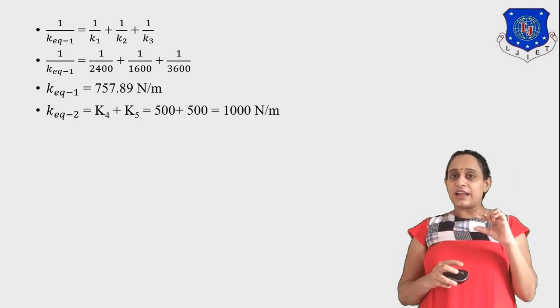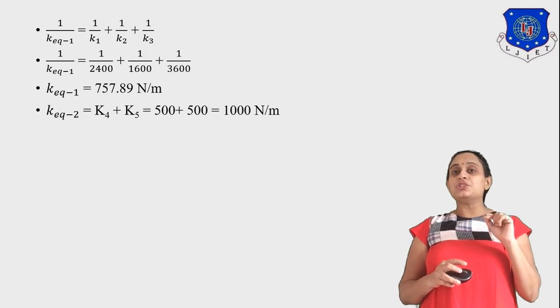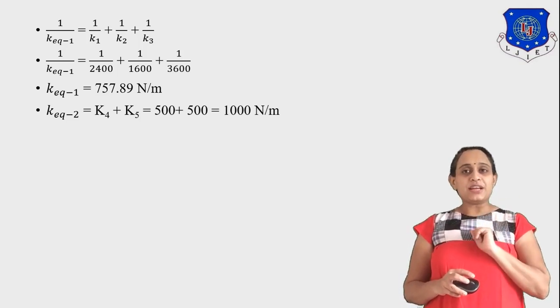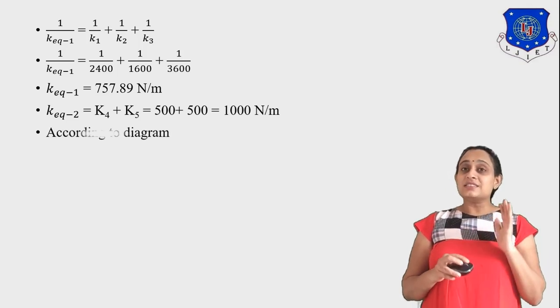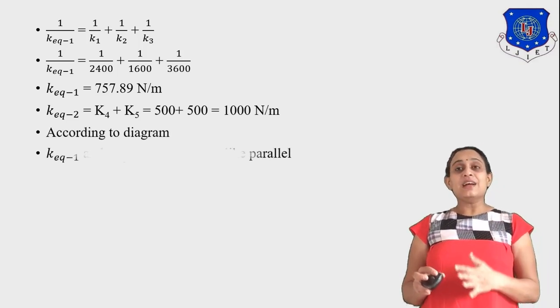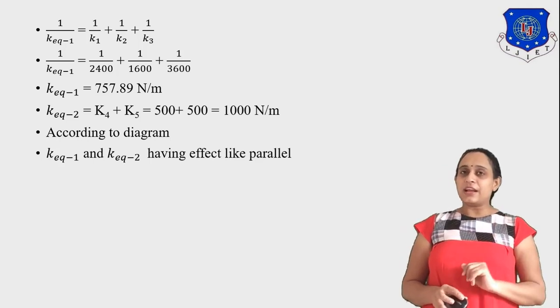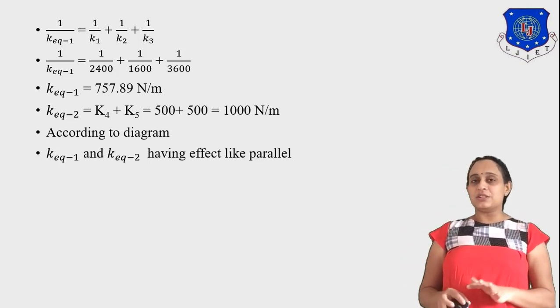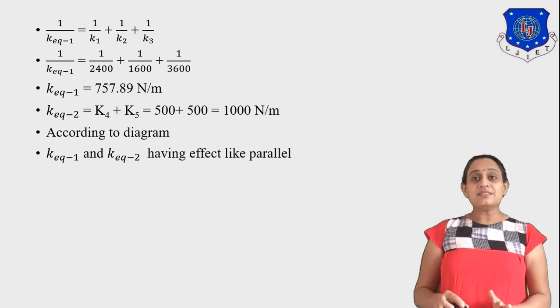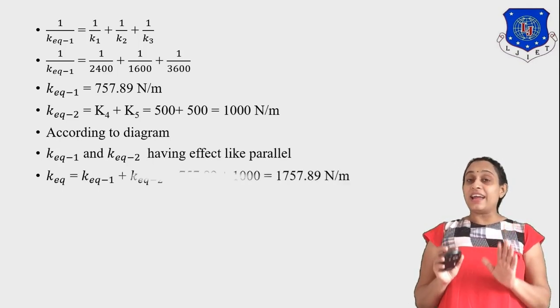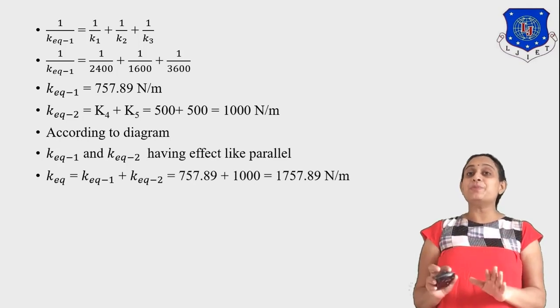The mass will be deflected only to a single side and having the deflection similar. Now, if the deflection is same, then the system should be in parallel. Hence, according to our diagram, we have to consider K equivalent 1 and K equivalent 2. They both act like parallel springs.